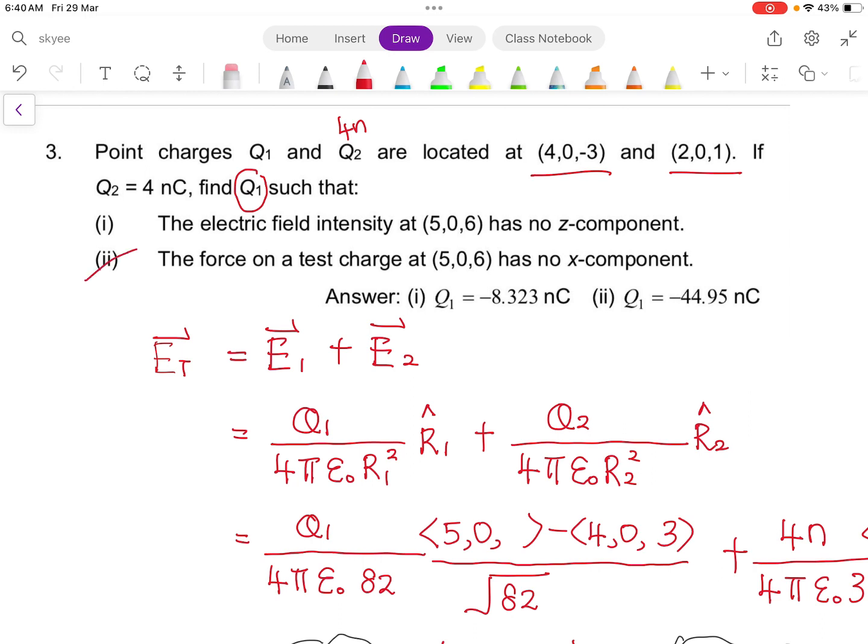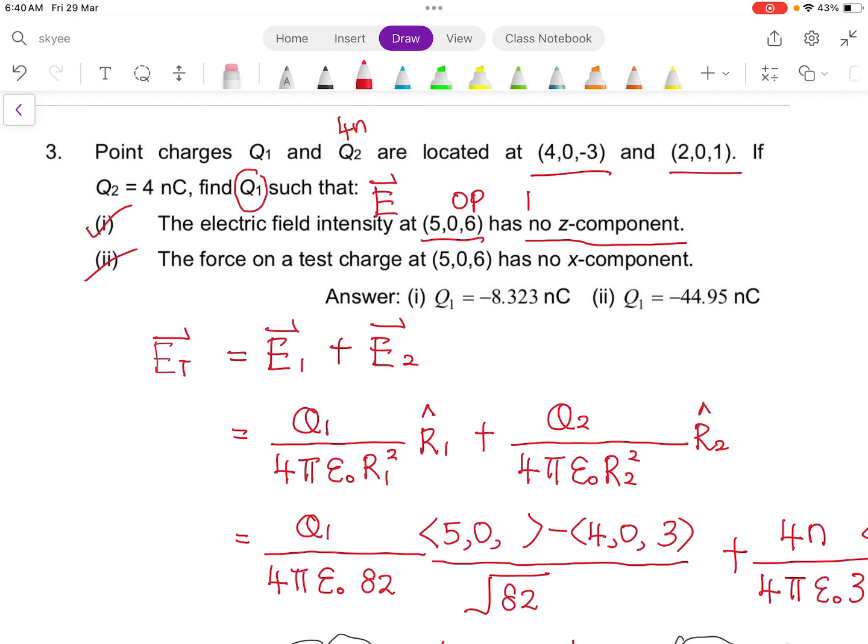We have tried these questions in our week 1, so now we are going to try this one. They are telling you that the electric field intensity, which is E, at this position, the observation point, has no Z component. What does it mean?